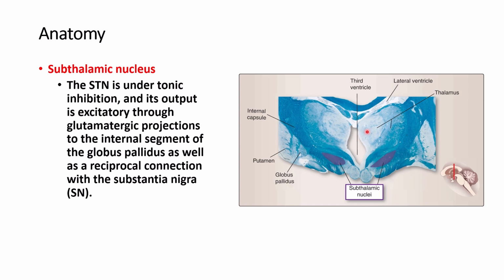Normally it is under tonic inhibition by the substantia nigra, but the subthalamic nucleus itself sends excitatory signals, and the neurotransmitter is glutamate. So it sends excitatory neurons to the substantia nigra and also the internal part of the globus pallidus.